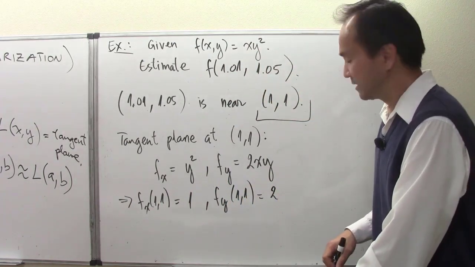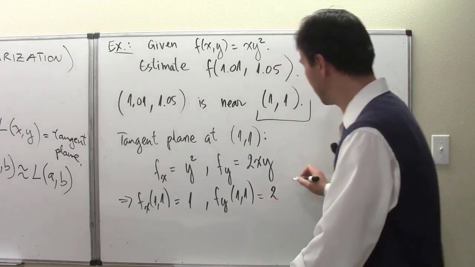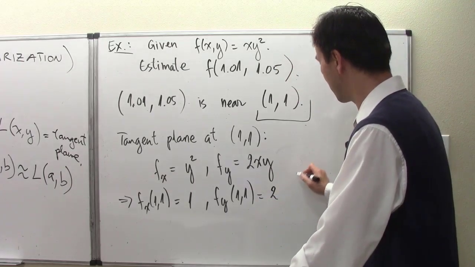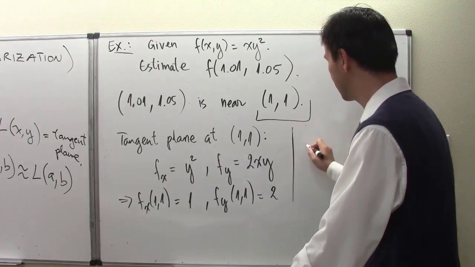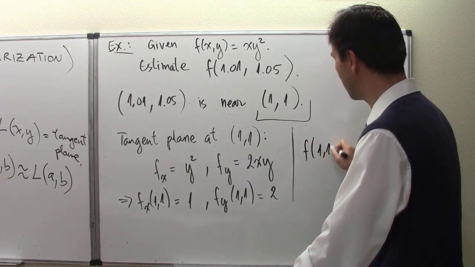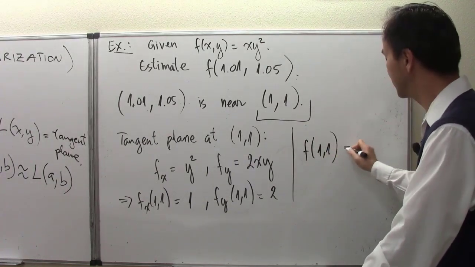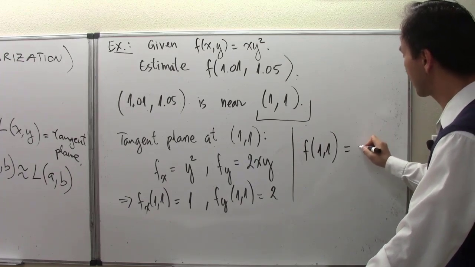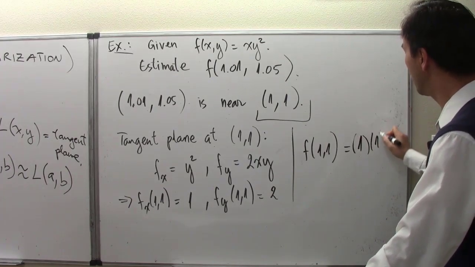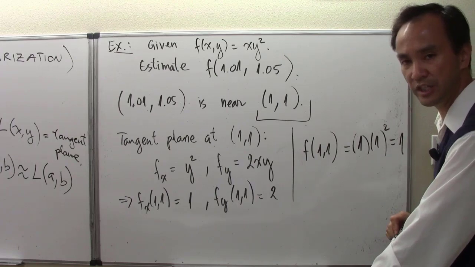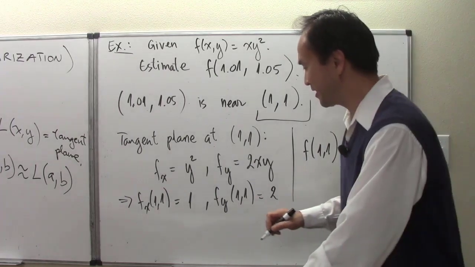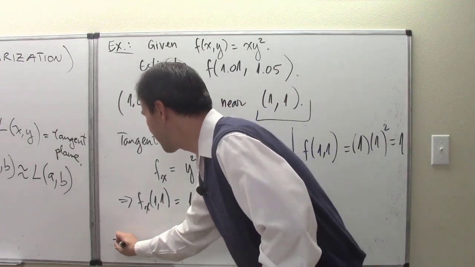And then the function's value at 1, 1 is simply 1 times 1 all squared, which is 1. Easy enough. And so now I can easily come up with the tangent plane.